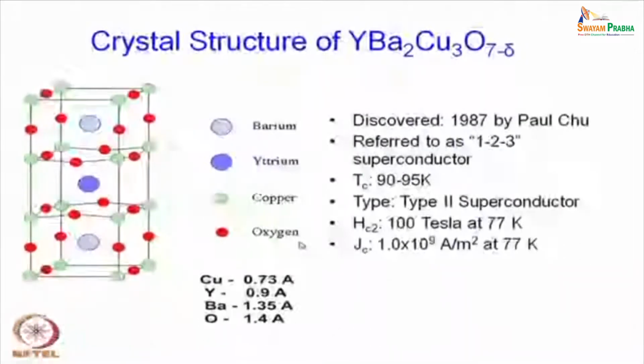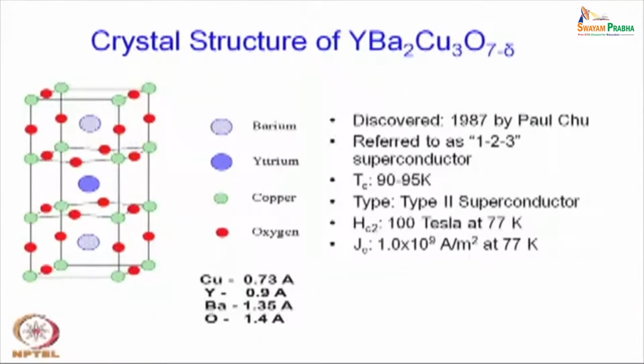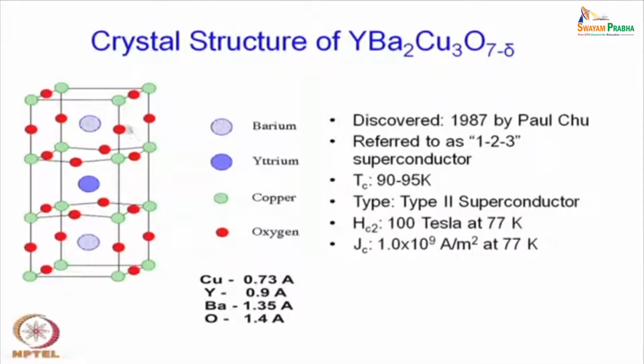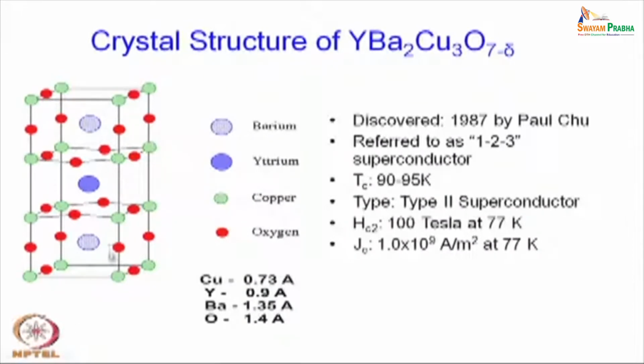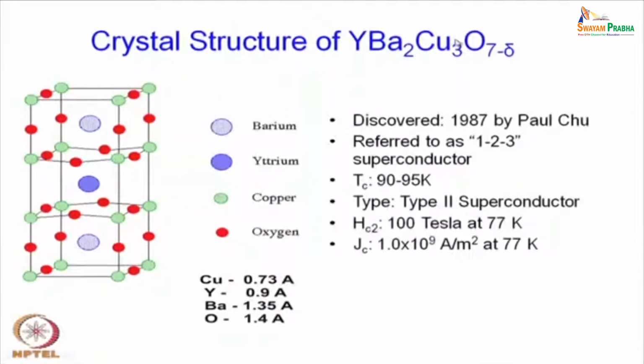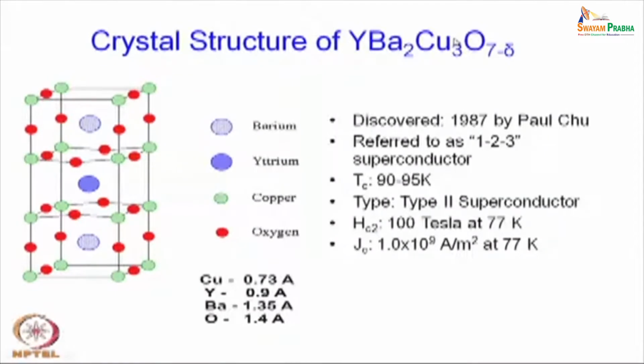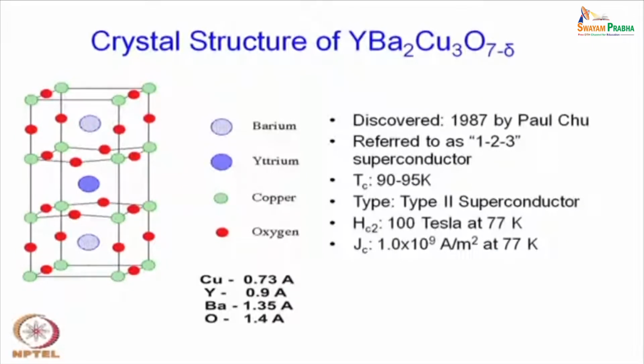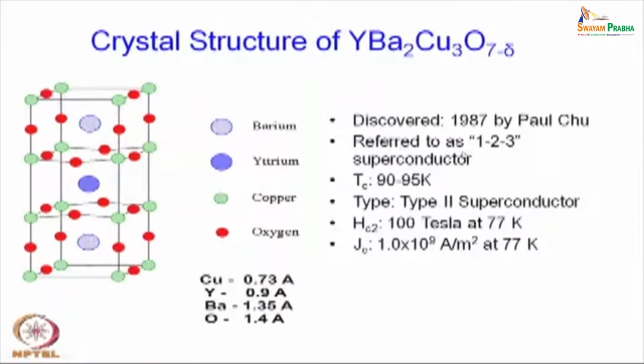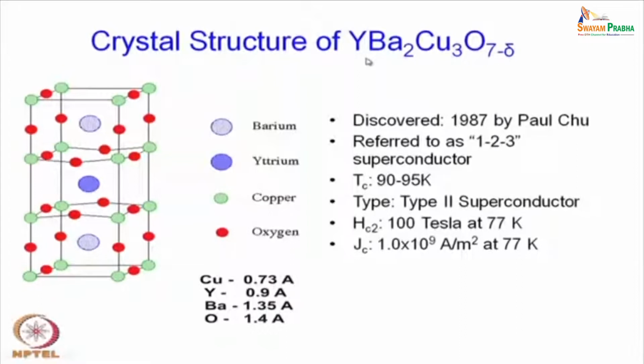Well, this is what we have described just now, and this is a simplified form of the particular structure, that is yttrium barium copper oxide, yttrium barium cuprate, and that is the formula. Sometimes it is called the 1, 2, 3 compound because of the ratio of the elements present.